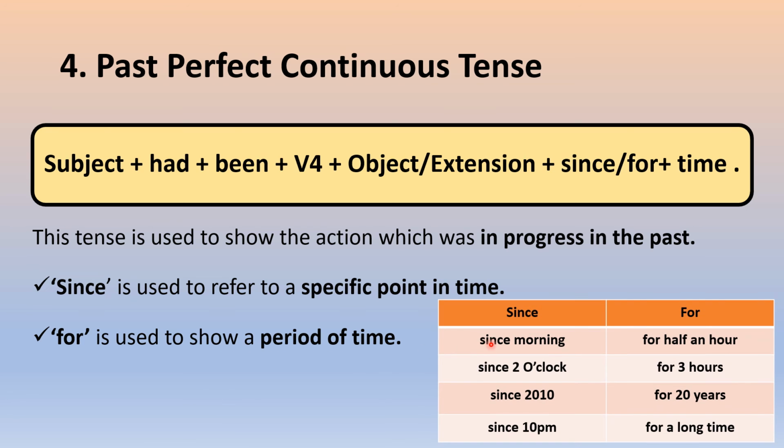Here are a few uses of since and for: since morning, since 2 o'clock, since 2010, since 10 p.m. And for half an hour, for 3 hours, for 20 years, for a long time.